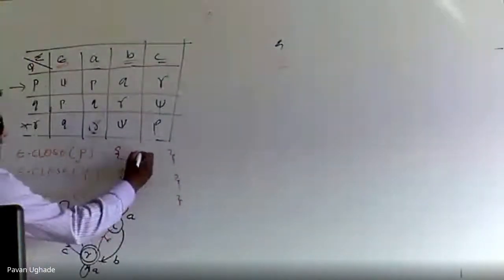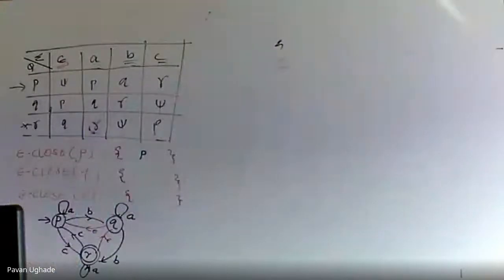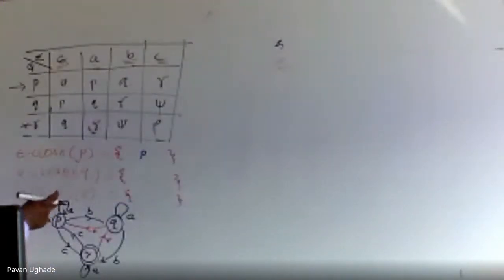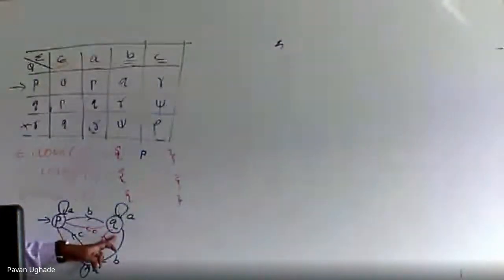So the epsilon closure of P is, if you are able to see, there is no outgoing transition over epsilon. So only P itself is the state. In the same fashion, what about Q?